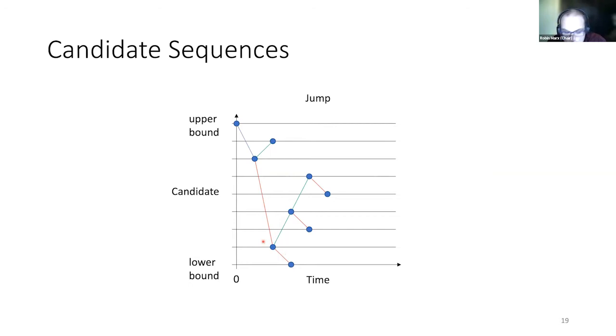If, for example, the probe for this candidate succeeds, we use the upward sequence to again jump over the set of remaining candidates. And if, for example, this probe fails, we continue with the next larger candidate after the last successful probe candidate.